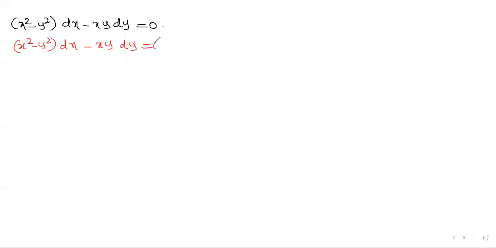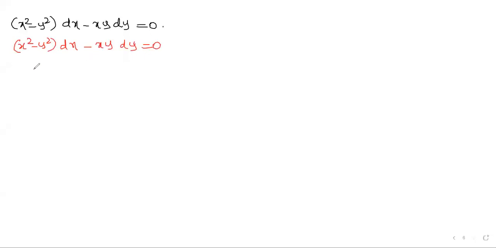Next problem is there. (x square minus y square) dx minus xy dy is equals to 0. These are all repeated problems only, Nana. So first we take the given value, (x square minus y square) into dx minus xy dy is equals to 0.